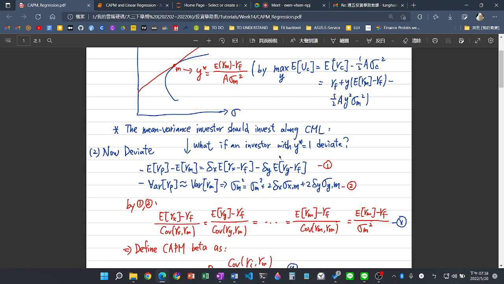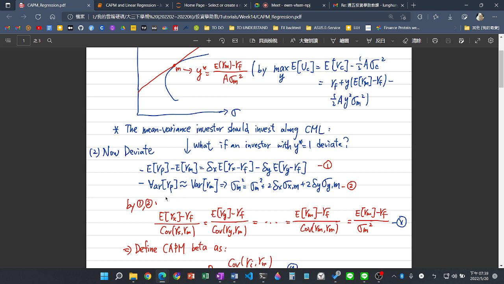Therefore, using this observation, we can derive the following two mathematical expressions. The first is essentially the difference between the portfolio P and the market portfolio, where P is a slight deviation from our optimal portfolio.